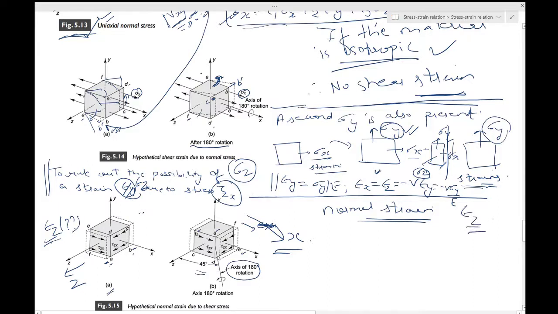and you can make a similar argument for epsilon y. How can you do that? What you do is, ignore these dashed lines, and instead assume that there is a normal strain like this.